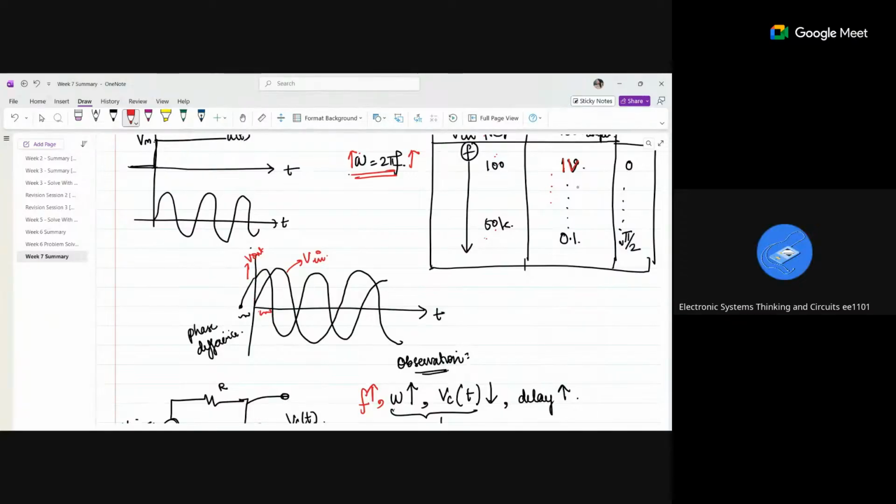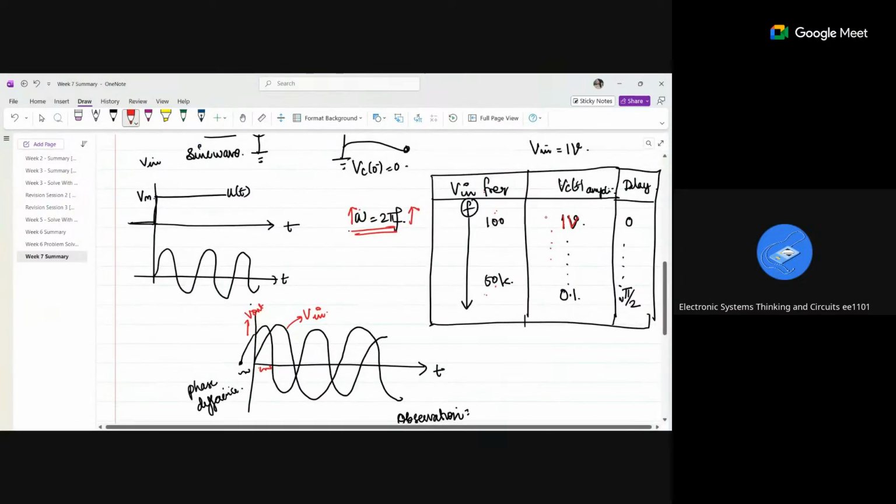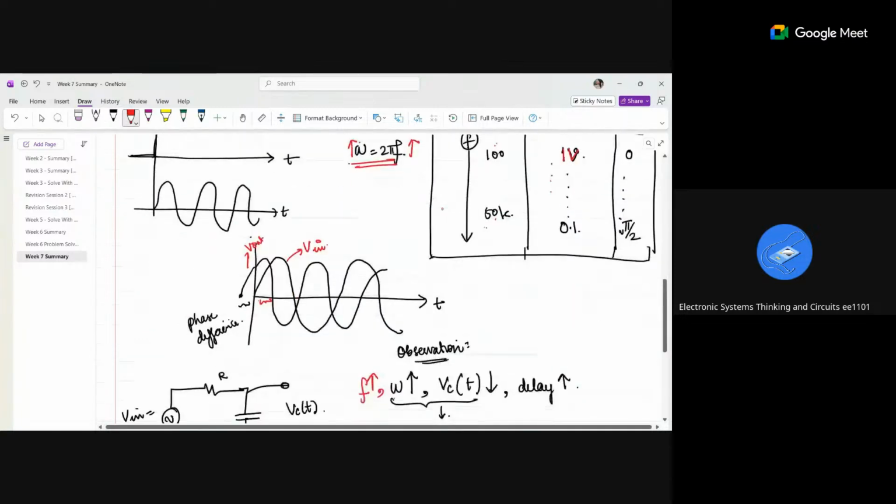So delay is just how they represent it. It's basically the phase difference. Shouldn't it be lagging? No, V out is leading, right? Oh, okay.